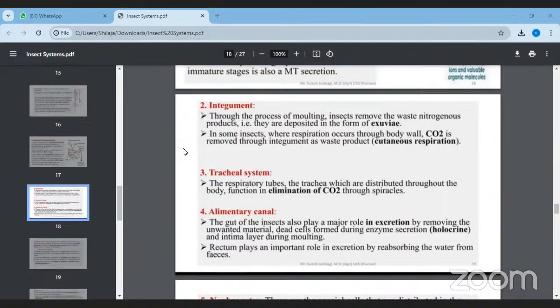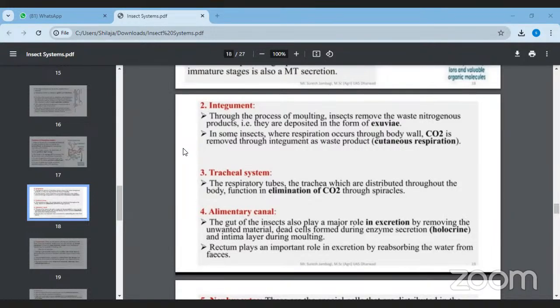Usually the insects don't drink water. Whatever food they take contains the water and salt, and they excrete a dry powdery pellet.